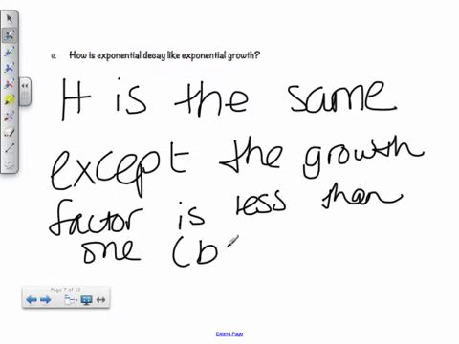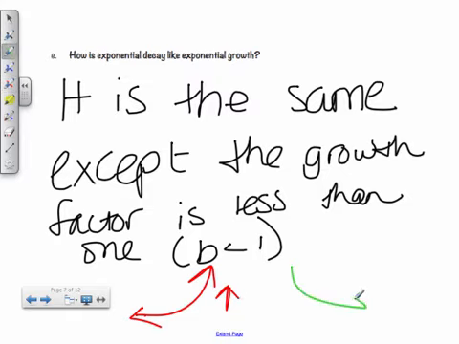So b would be less than 1. And remember, if it looks like this, it is exponential growth. And if it looks like this, it is exponential decay.